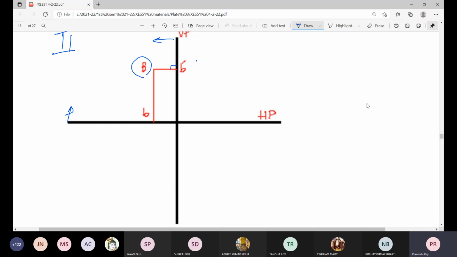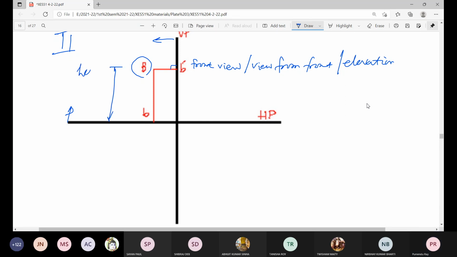This is front view or view from front or elevation, and this distance is the height or distance from horizontal plane.